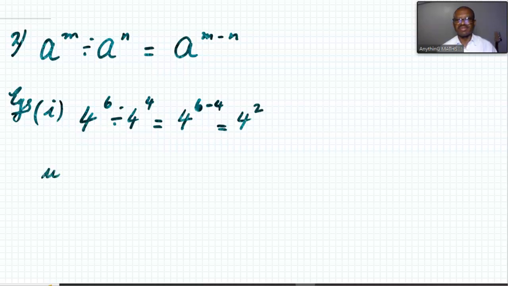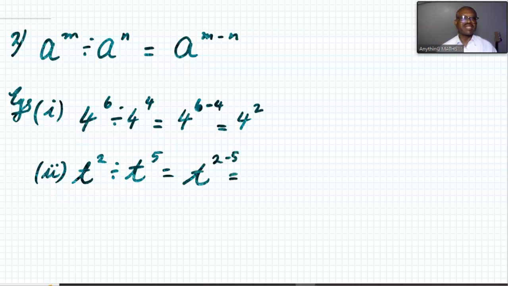Second example. T raised to the power 2 divided by T raised to the power 5. The base is T. 2 minus 5. 2 minus 5 is negative 3. So T raised to the power negative 3.